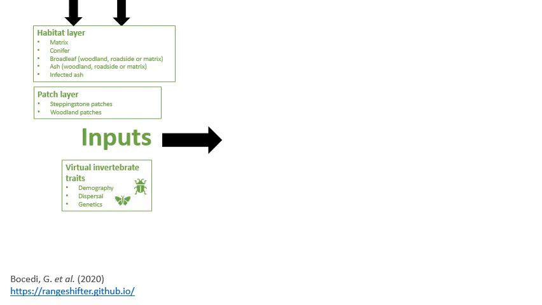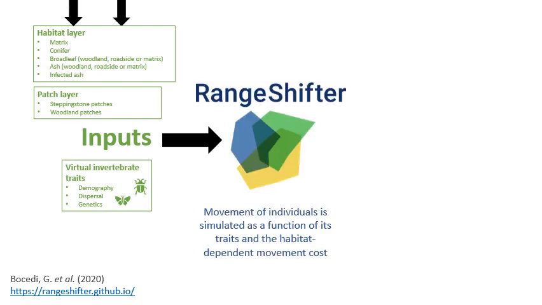And we take all of that information and we build it into a modelling platform called RangeShifter. RangeShifter is an individual-based modelling platform that allows us to simulate species movement. So an individual is living in a woodland, it leaves, it enters a cell. Every time it enters a cell in a landscape, it experiences a cost. If it goes through a non-tree cell, like maybe an open field, it experiences a high cost, there's a high chance of mortality.